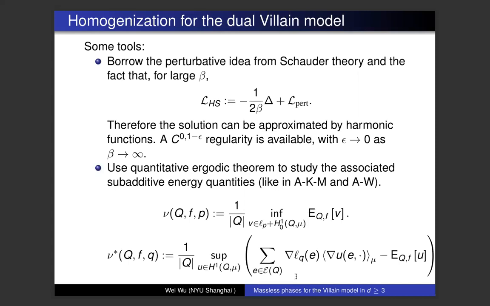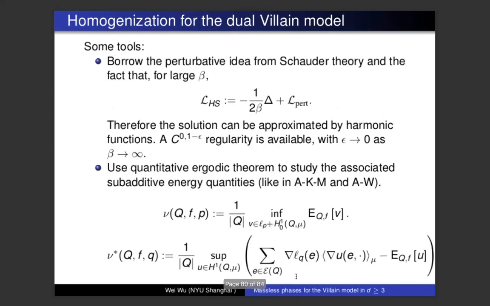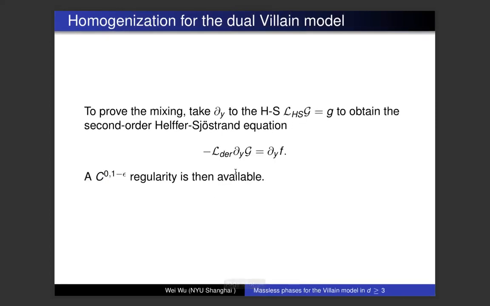This is still going back to this perturbation theory. These energies are defined in terms of the solutions in disjoint domains. So if we can show that the solution in one domain depends only very weakly on the field very, very far away, then that will be a good indication of the mixing.